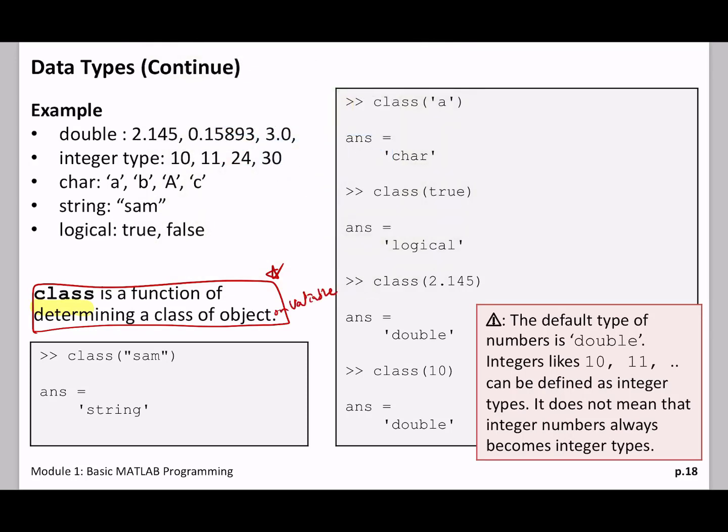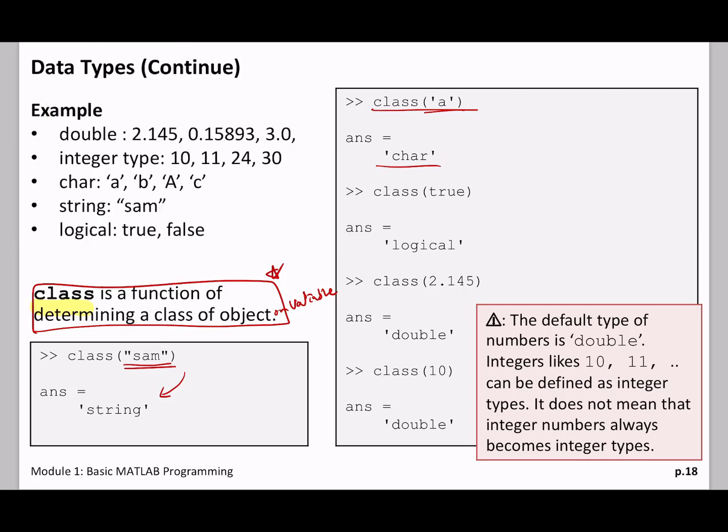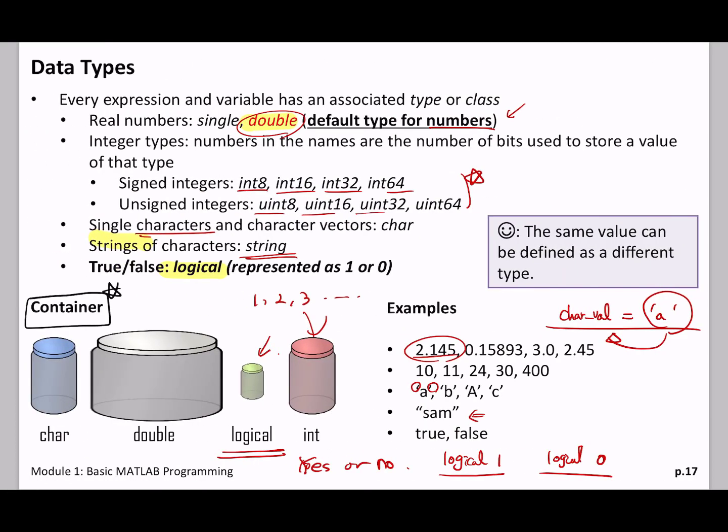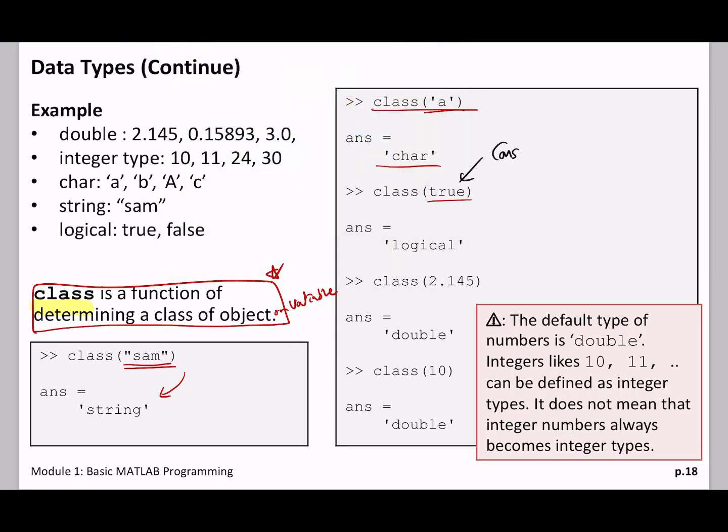In this case, this one is a string, so the class type is string. These are characters, that's why if you run this script, it will say character. True. What is true? I didn't mention that true is another constant. Inside of true, that is a logical 1. And false is also a constant.